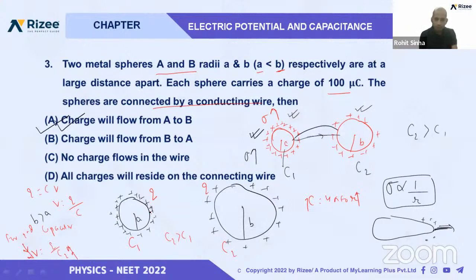But for the first capacitor, V is equal to Q by C1, and C1 is less as compared to C2, so it will have high potential. So when we connect both of them, charge will flow from high potential to low potential, or we can say from high density to low density.